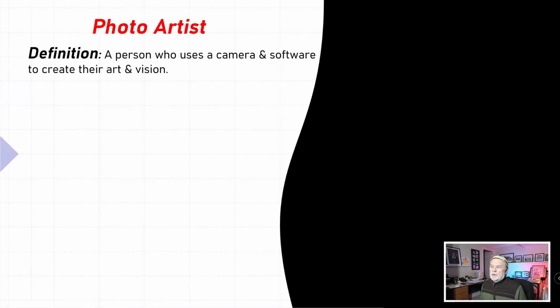Okay, let's talk about what a photo artist is. I modified this definition a bit because of a good friend of mine I've gotten to know over the years, Joel Grimes, if you've ever heard of him. Joel Grimes is a commercial photographer and portrait photographer. He did a lot of work overseas for major corporations, close to about 30 years full-time doing nothing but photography.